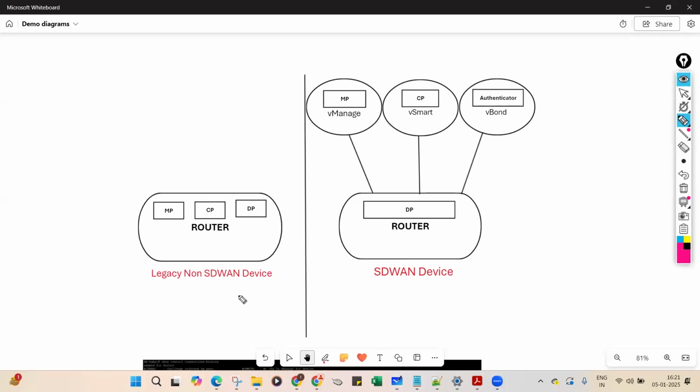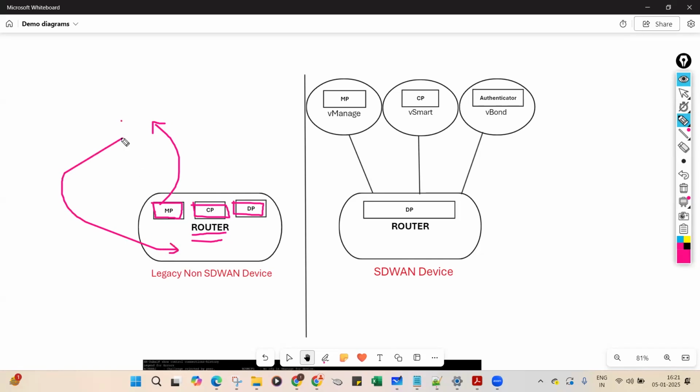So if talking about the non-SD-WAN devices, let's say we have a router. In non-SD-WAN devices, there are three planes: management plane, control plane, and data plane. Management plane is used for SSH, Telnet, GUI, HTTP, HTTPS access to this router.